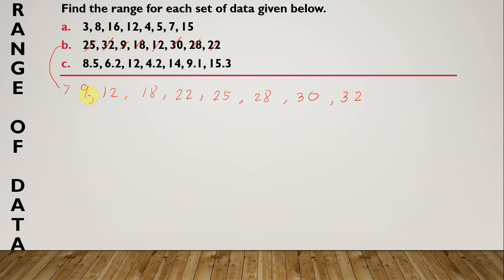Again, kukunin lang natin yung lowest and highest value. Ang highest value ay si 32, ang lowest value ay si 9. At ang formula natin for range is range equals highest value minus lowest value.